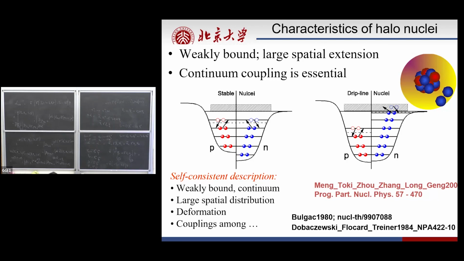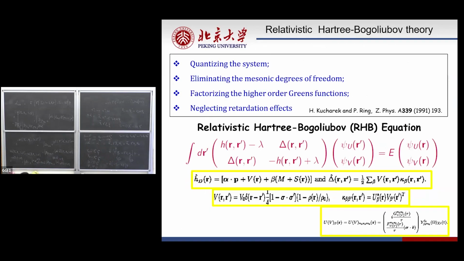In order to achieve a self-consistent description of these halo nuclei, we found that we must be able to treat the weakly bound states. We also have to include the contribution from the continuum, and we should allow a large spatial distribution. And then, of course, as far as we can, also take into account the different deformations and so on.